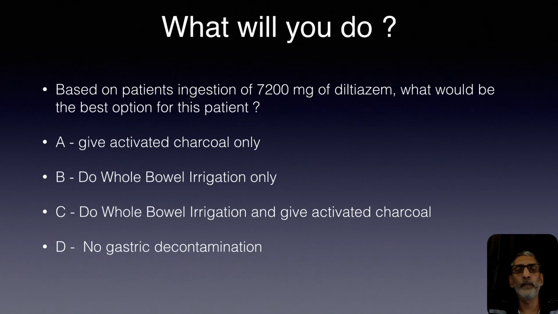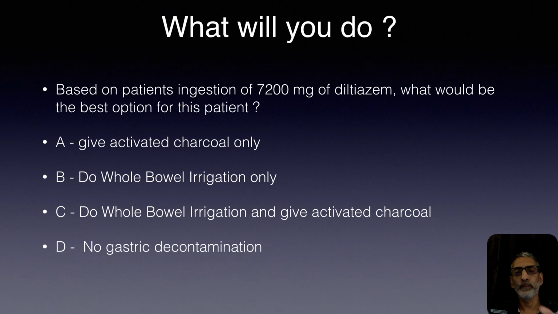So, based upon the guideline, what do you think would be the best option for this patient? Should we give the activated charcoal, or do the whole bowel irrigation, or give activated charcoal and do the whole bowel irrigation, or no gastric decontamination? A couple of things you need to look at when you're choosing the treatment. The timing of ingestion of the drug is very important, and looking at the symptoms of the patient is very important.